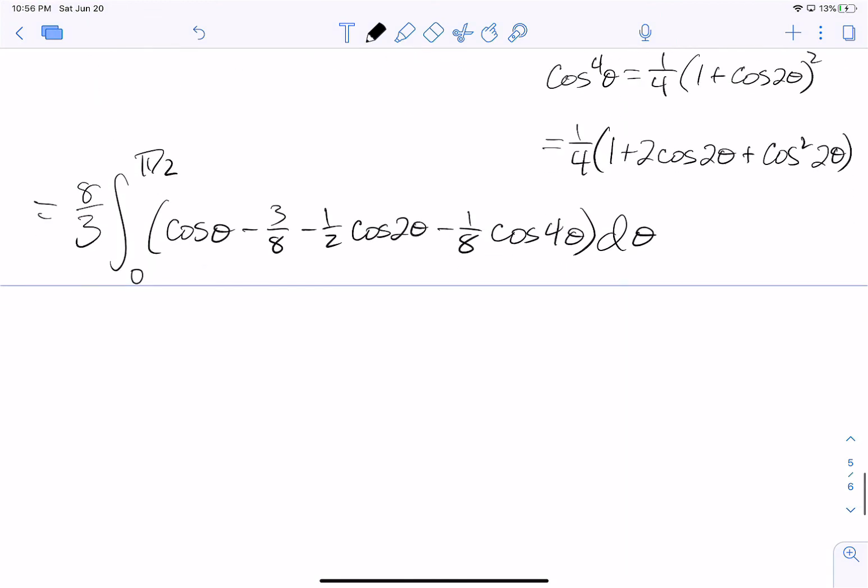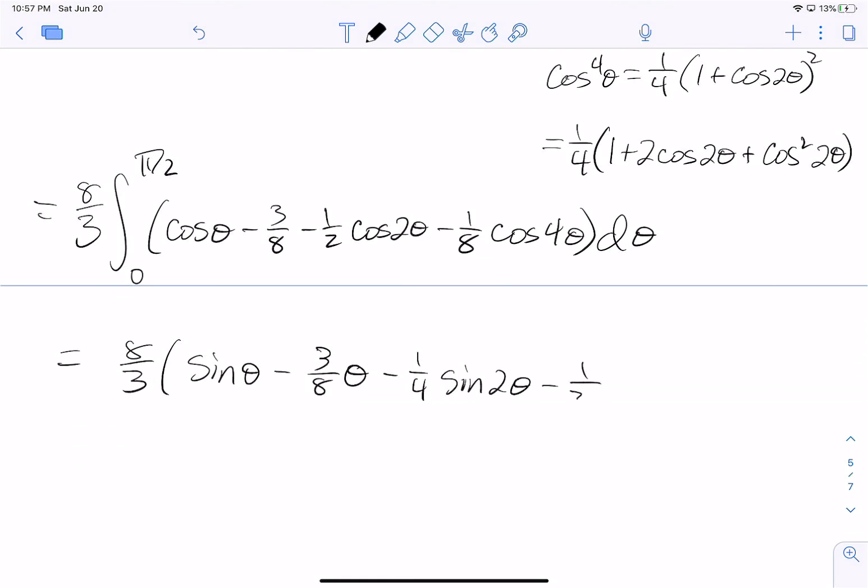Integrating at this point is pretty straightforward. We have 8/3 times 3/8 theta plus 1/4 times the sine of 2 theta plus 1/32 times the sine of 4 theta, all evaluated from 0 to pi over 2.